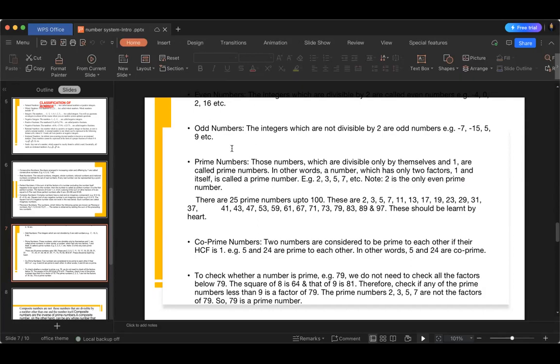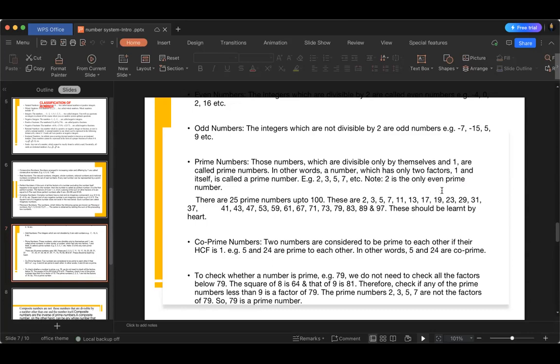Coming to prime numbers, I have already told you those numbers which are divisible by only themselves and 1 are known as prime numbers. In other words, a prime number has only 2 factors, the number 1 and itself. Examples: 2, 3, 5, 7, 11, 13, etc. Note that the number 2 is the only even prime number.